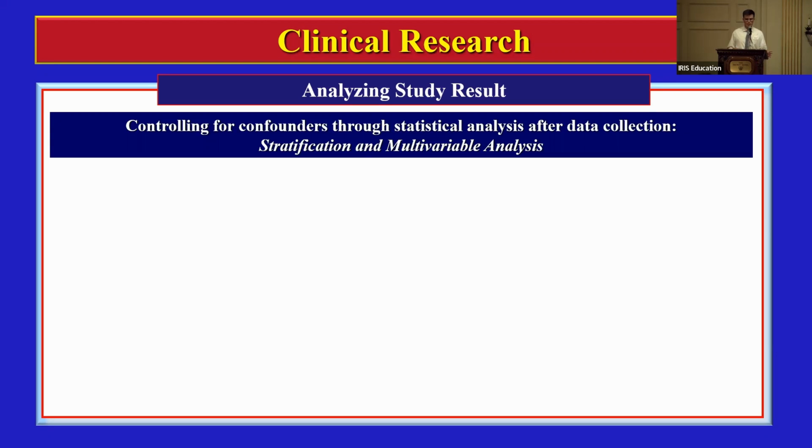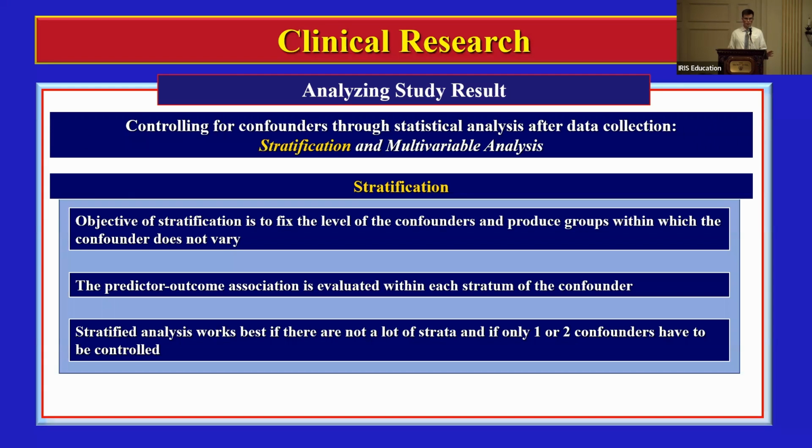So let's say we identify a confounder that we didn't address in the study methodology. How can we reduce that confounding effect? Well, the first method would be stratification. You can think of this as splitting your data into two different strata based on that confounding variable.